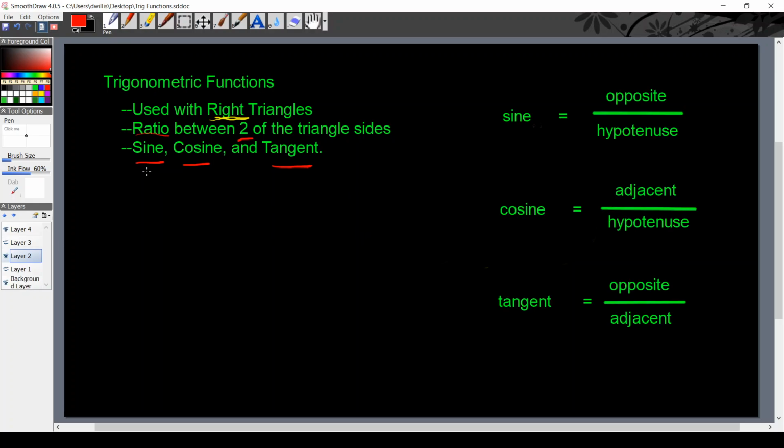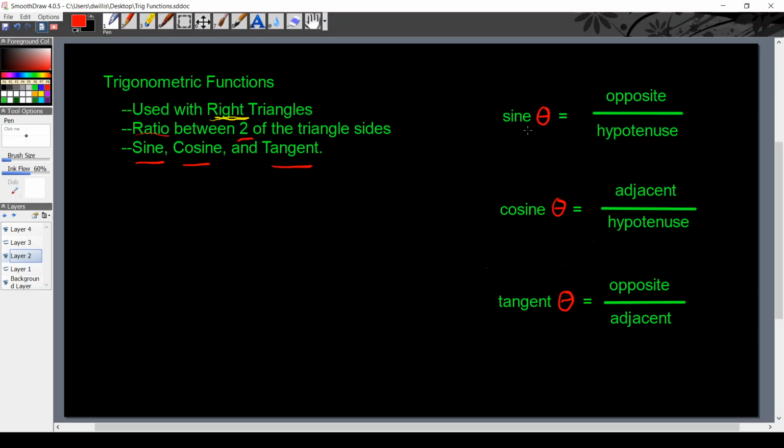Now, first of all, whatever the sine is varies depending on the angle that you're talking about. So when we say sine, it's not just sine, it's sine of some angle, and remember that we used theta to mark that. So sine of theta, cosine of theta, and tangent of theta.